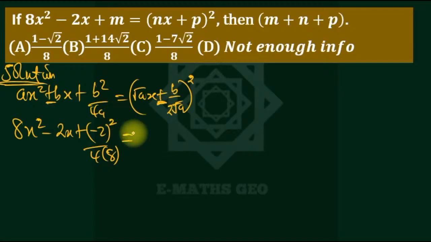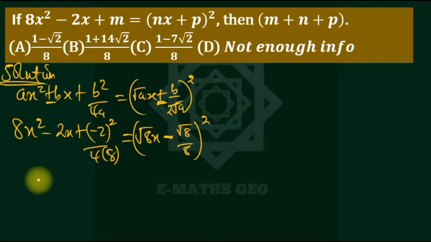So here the square root of this is root 8 x. We have minus. The square root of this is, well, 1 over root 8, which is root 8 over 8. Yes, 1 over root 8. That's the square root of this, all squared.